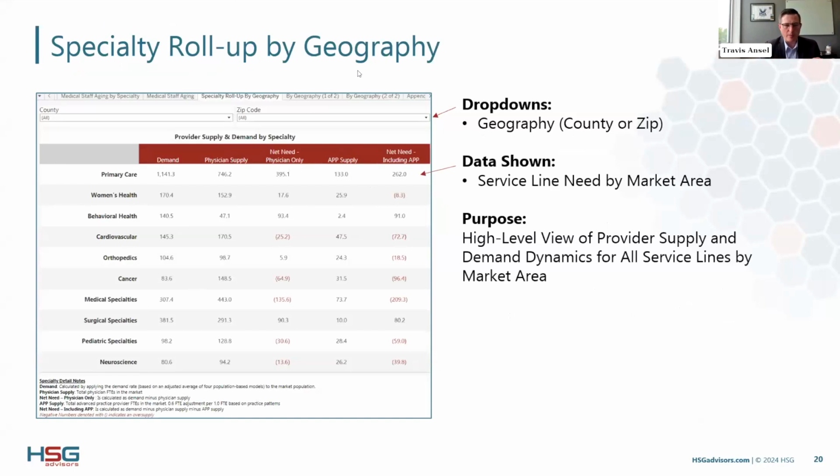So specialty roll up by geography allows us to look at all service lines for a given market area definition. This is intended to be higher level, big picture, for a given market definition or for your market overall: what do the dynamics look like from each of these service line level categories. Again, helpful from a big picture, setting the stage perspective.